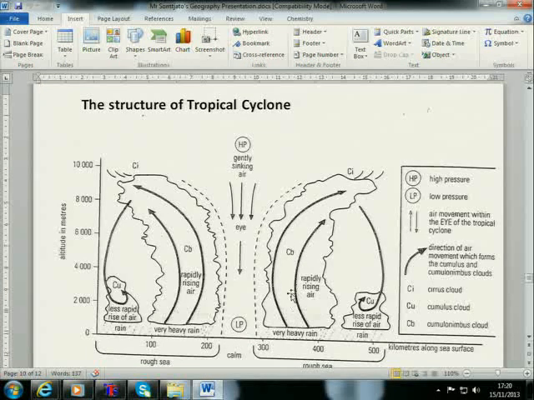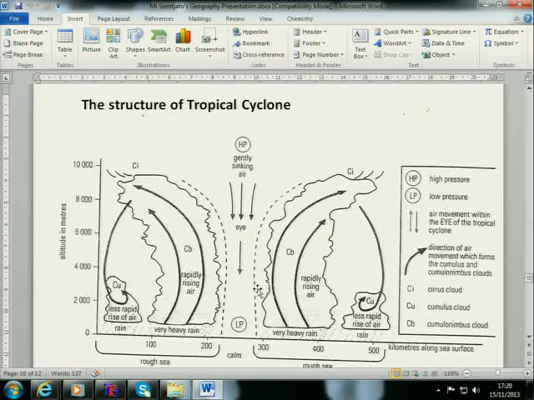These are the eye walls. They are made up of the cumulonimbus clouds. See, we have the cumulonimbus clouds surrounding the eye. And in the cumulonimbus clouds, remember, that is where we expect to have the thunderstorm, a heavy rainfall. These are the dangerous places in the tropical cyclone.